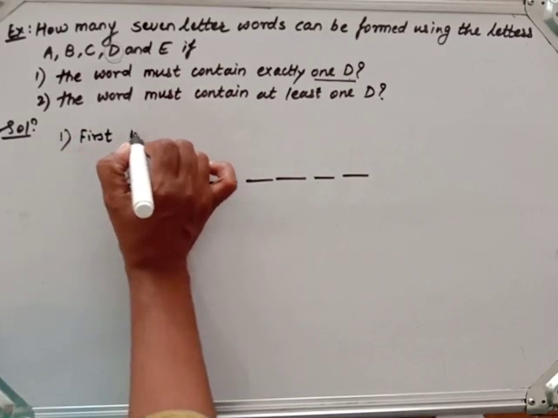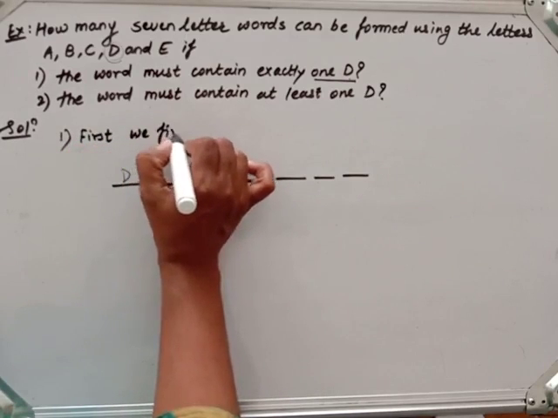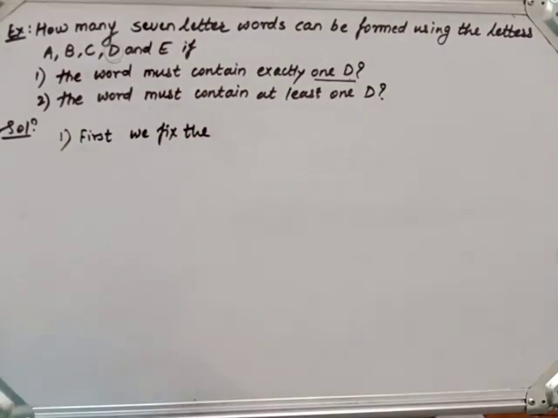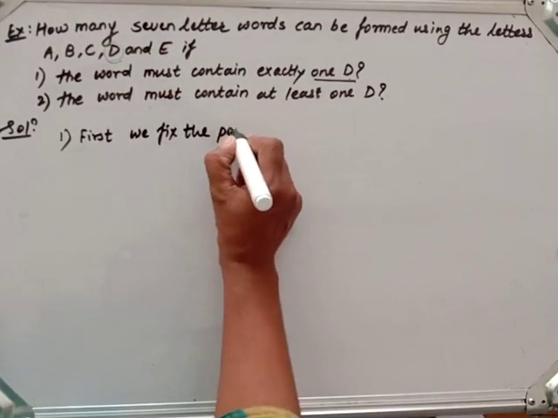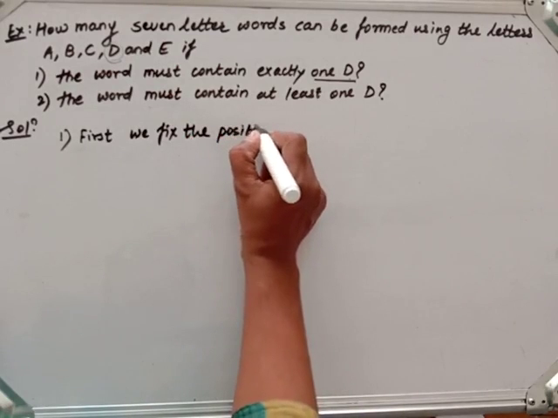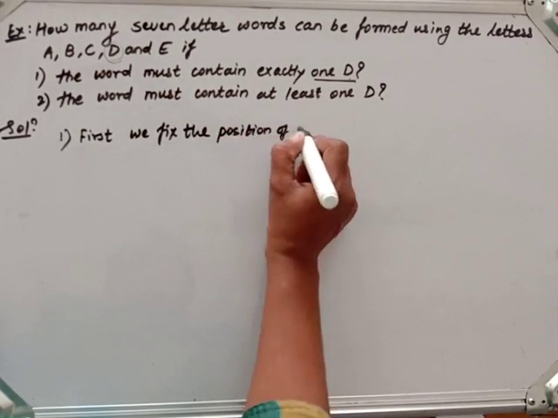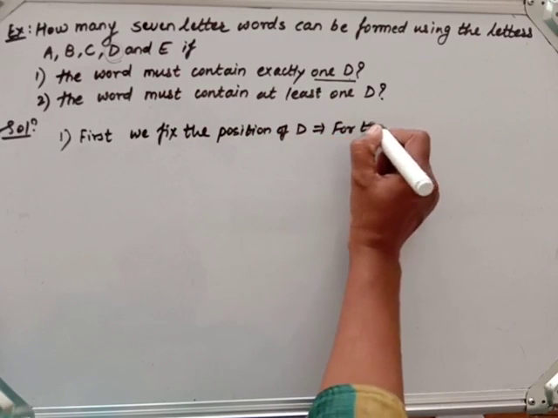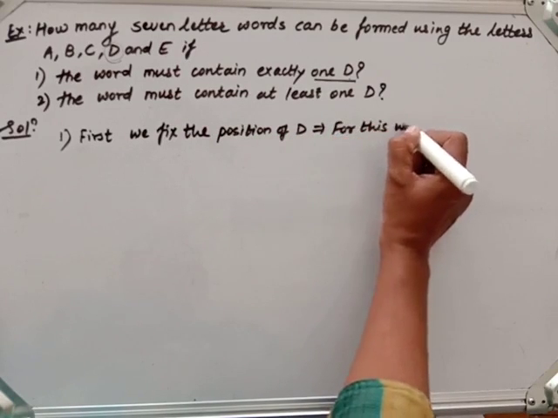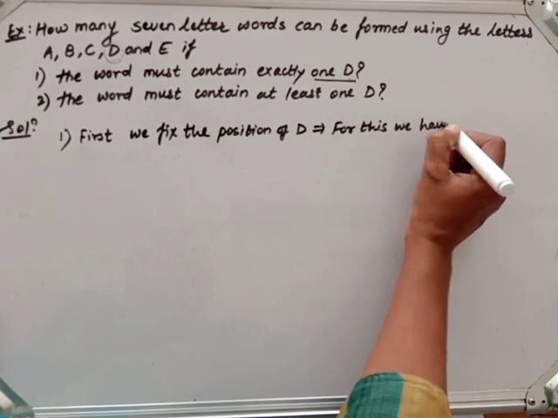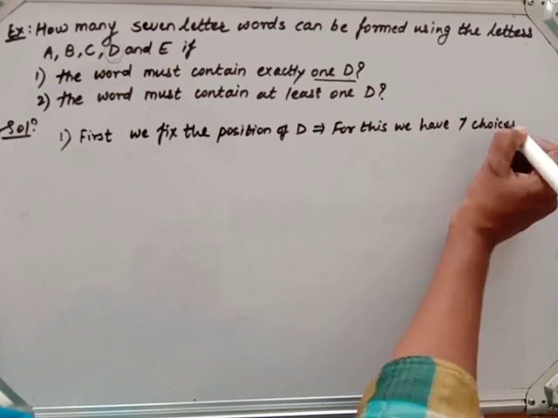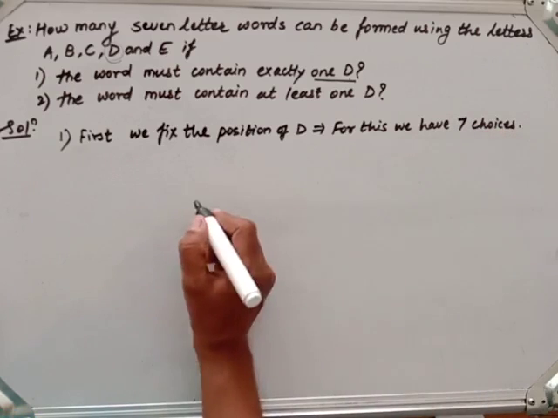So what should I write? First we fix the position of D, and for this we have 7 choices.